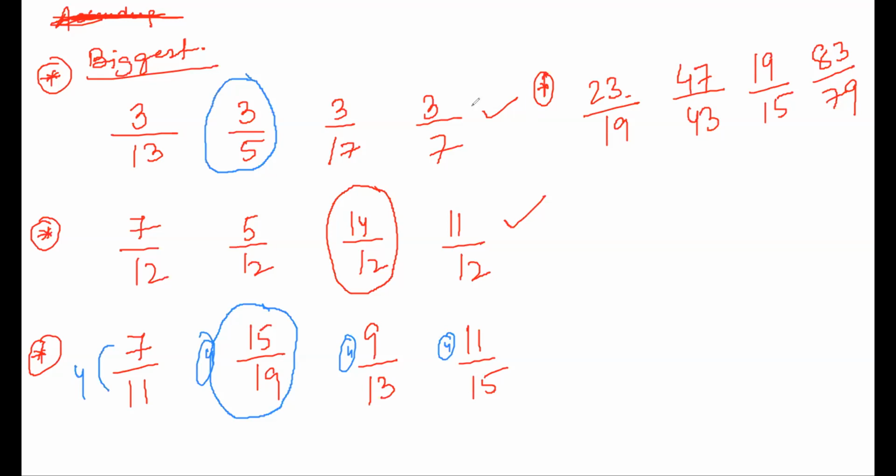No, 83 by 79 is wrong. The correct answer is 19 upon 15. This is again a gap of 4, as I discussed, but there is a difference. What is the difference between the third and fourth scenarios?